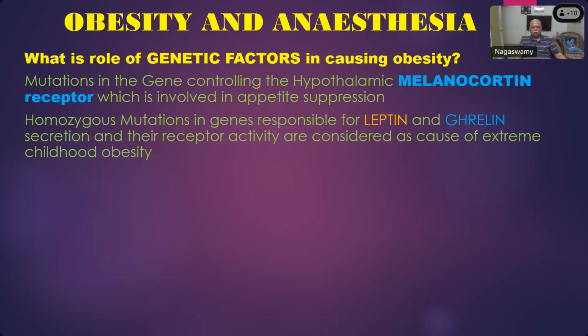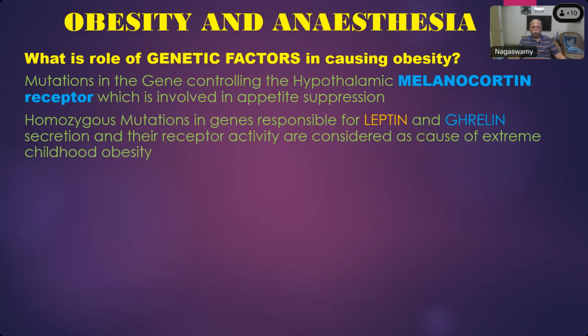And there are mutations in the genes responsible for production of two hormones called leptin and ghrelin, which are diametrically opposite in their action. Ghrelin is the hormone of hunger and leptin is the hormone of satiety. So when the ghrelin production is more, you feel more hungry, and when the leptin production is more, you feel satisfied and you stop eating.